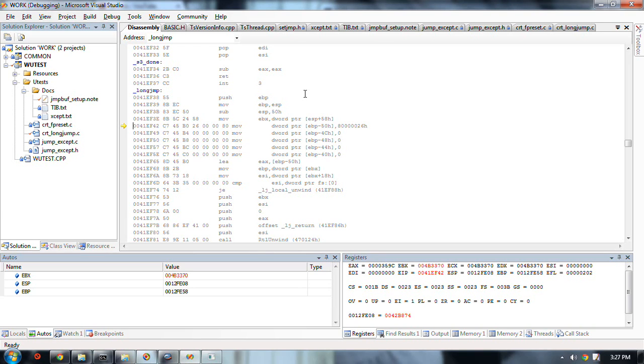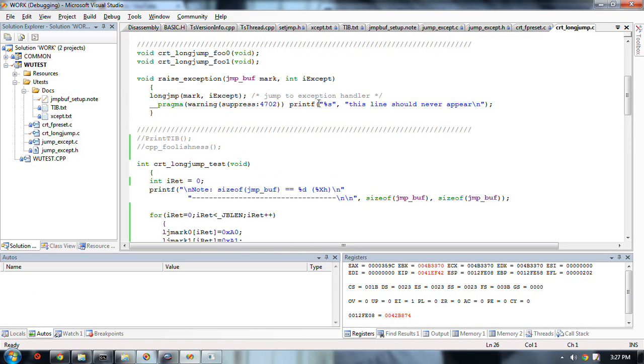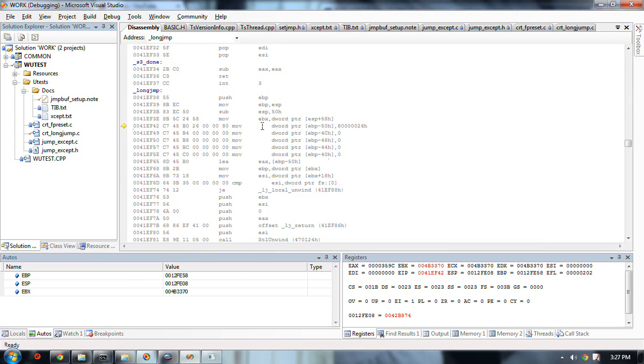So this is the first thing pushed. Can't be, because the first thing pushed is this number, I accept. And that's not it. Oh yeah, there's the return address.